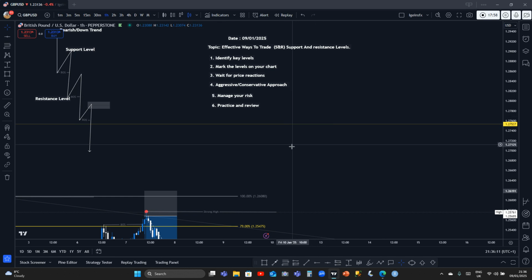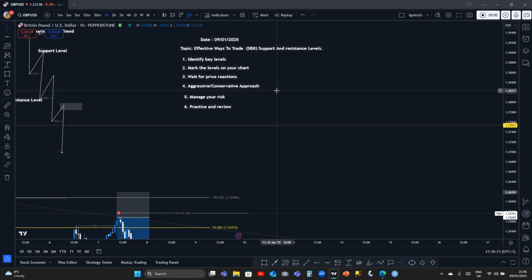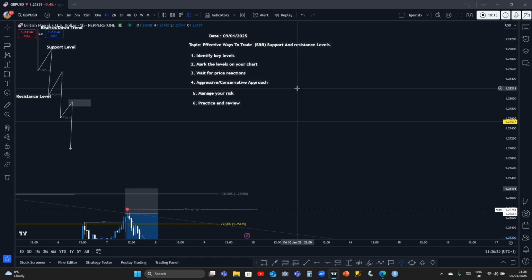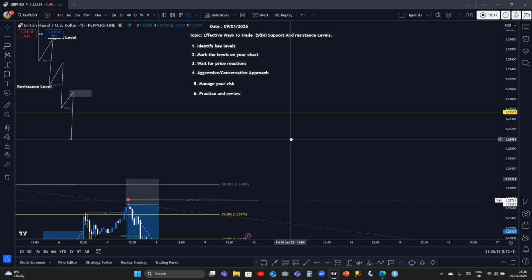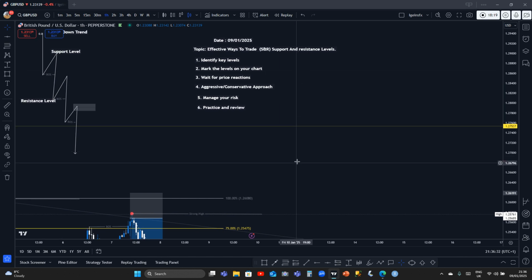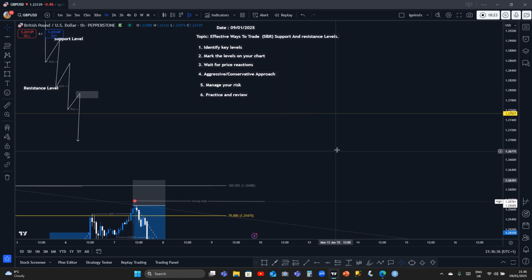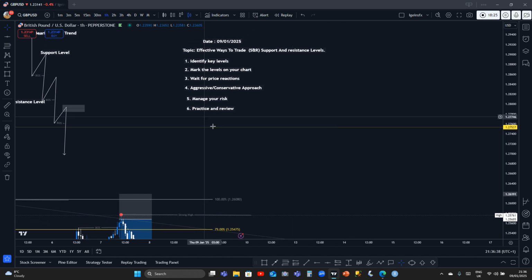I always tell people your entry comes first, then after your entry, where you put your stop loss is what will determine your lot size. You don't say I want to determine my lot size before you take your entry.